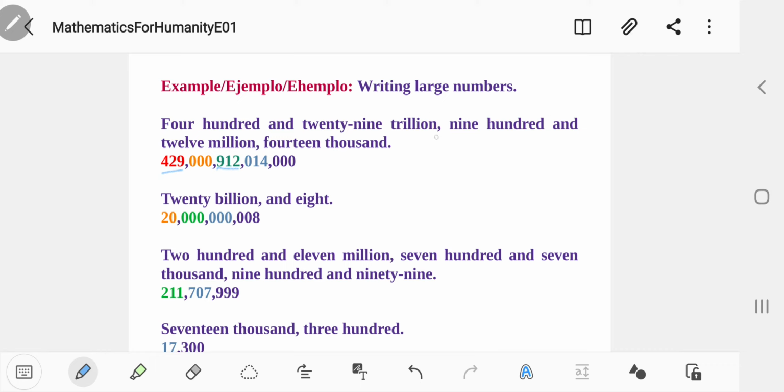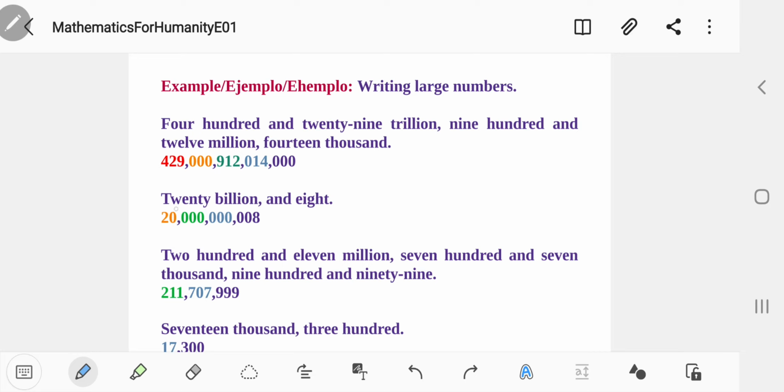There's no mention of the billions place, so that means that for the billions place, you have to place 0. So you have here 429 trillion and then 912 million, and you now have 14,000 in the thousands place, but you have to put 3 zeros for the units place because it did not mention the units place. So that's how you write the numbers.